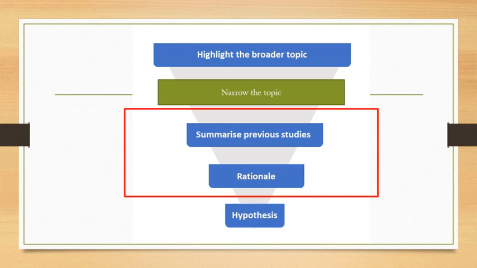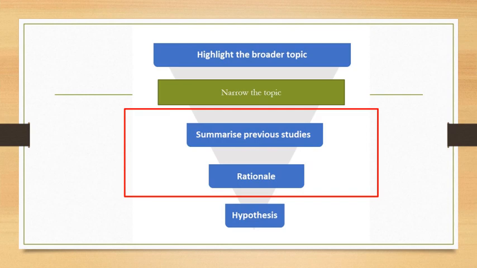So if you started off with highlighting the broader topic, COPD, a paragraph underneath it about how we can measure aerobic capacity using things like VO2 peak, and then you can combine them together to start talking about how COPD influences those exercise variables.